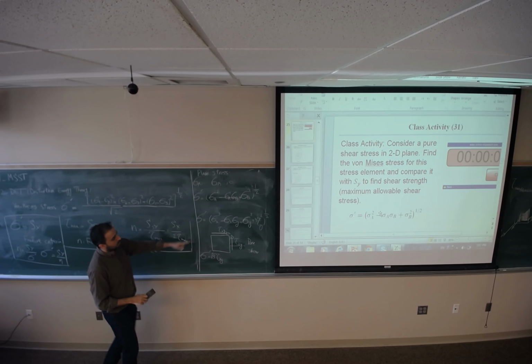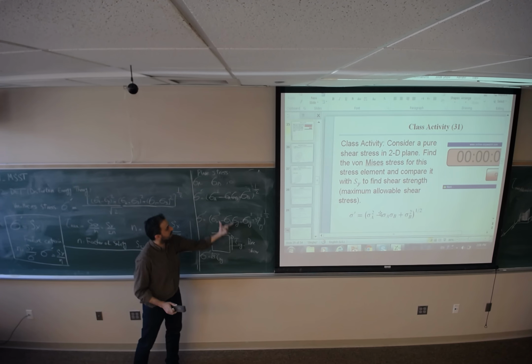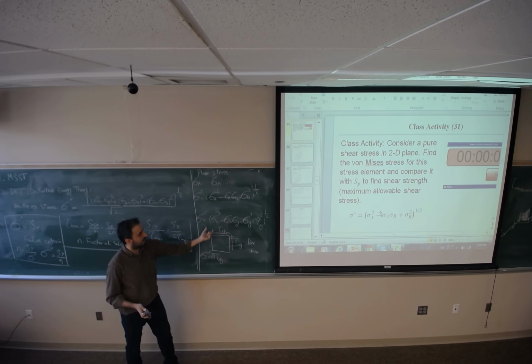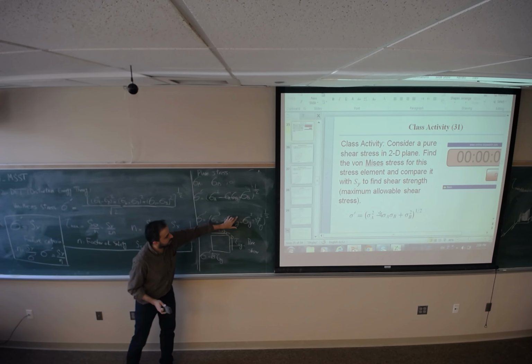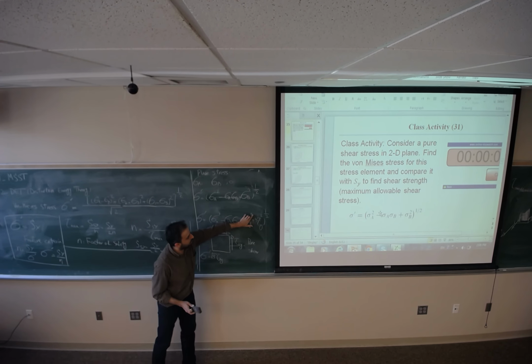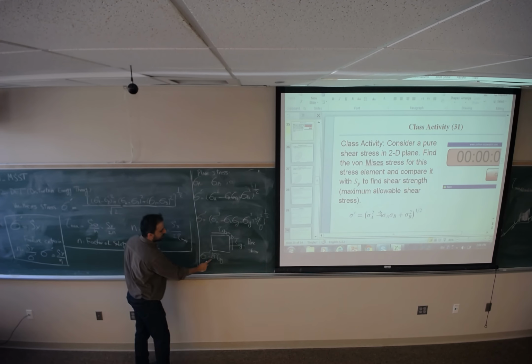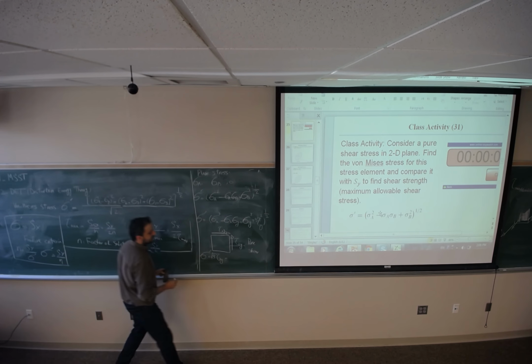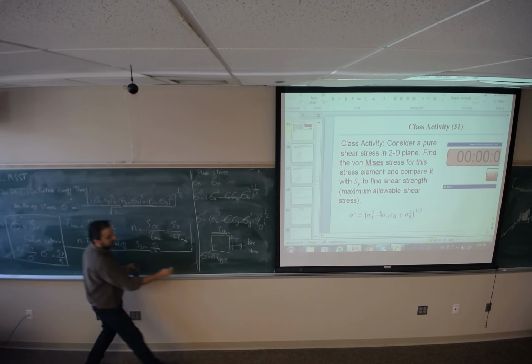So just look at this planar stress element. Sigma x is 0. We are not given sigma A and sigma B. We can't find those, but it's easier to use this equation. This term is gone. This term is gone. We don't have sigma y. So we only have 3 tau squared. So the square root of 3 tau squared is the square root of 3 times tau xy. I set it equal to Sy, which is the failure criterion.